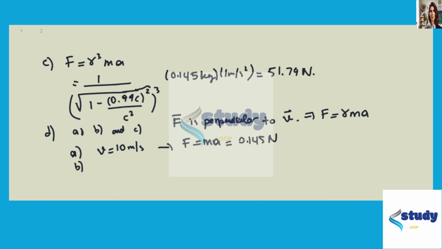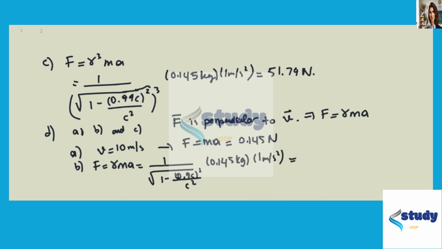However, our answer to part B is going to change because now we have gamma, not cubed, but only gamma. So F equals gamma m a: 1 over the square root of 1 minus 0.9c squared over c squared, times 0.145 kilograms times 1 meter per second squared. So our answer to part B this time is 0.333 newtons.